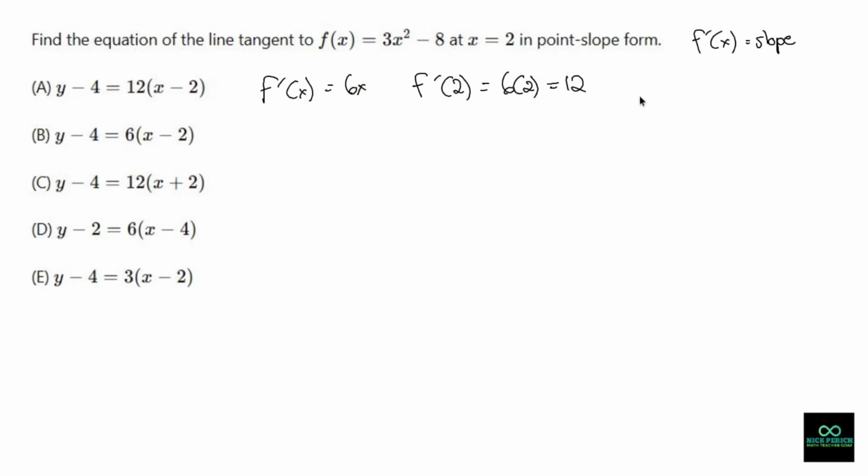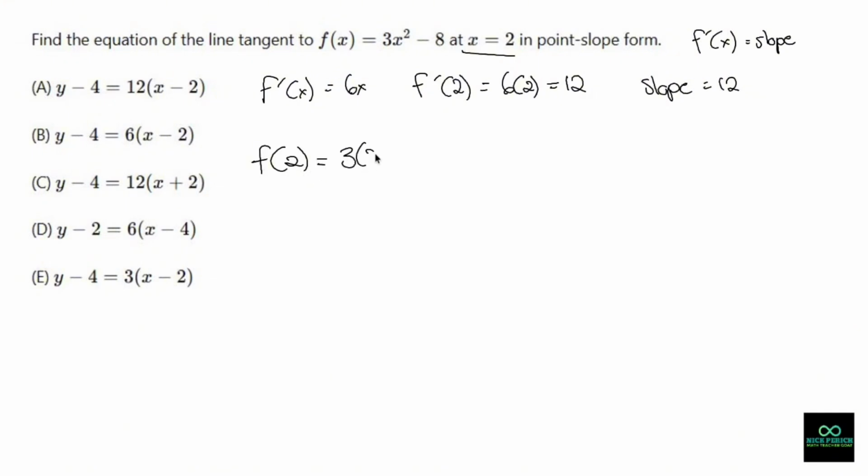So my slope is 12. Now, I'm given the x value. If I'm thinking point slope form, I'm like, oh cool, I have a slope, but I only have half a point. So I need the other part of the point, which is found by me taking 2 and plugging that into the original f function.